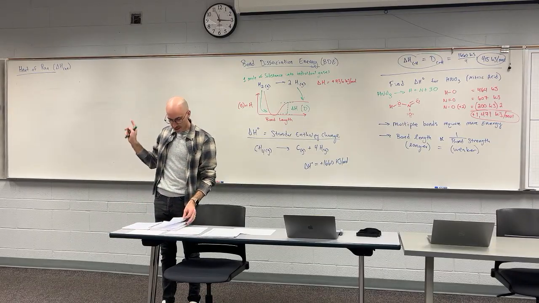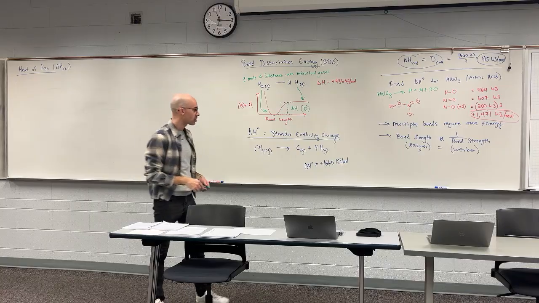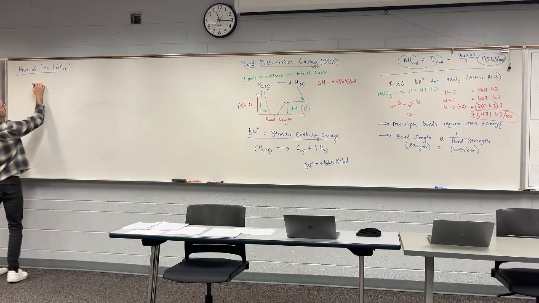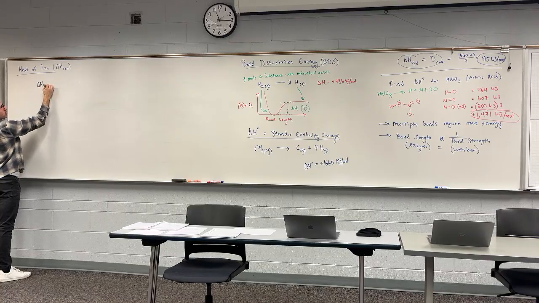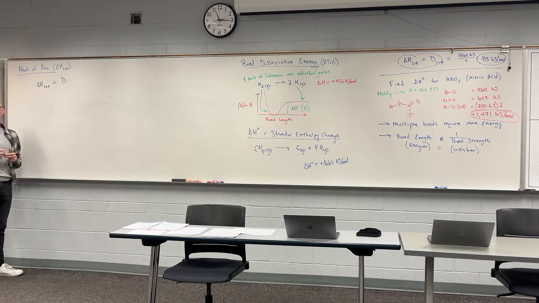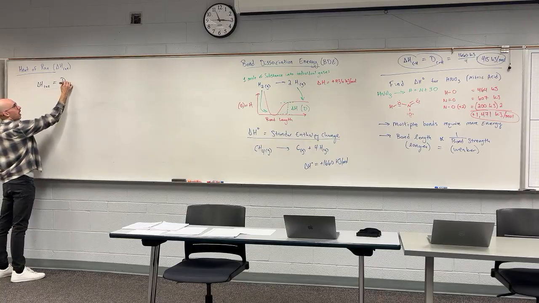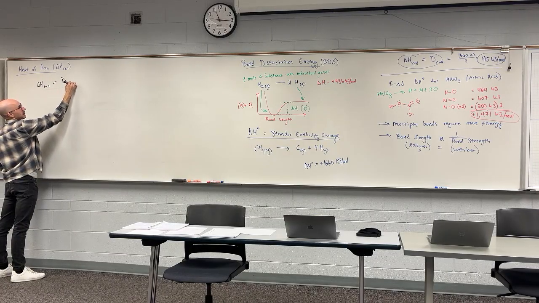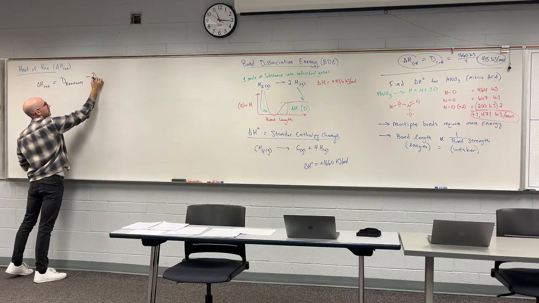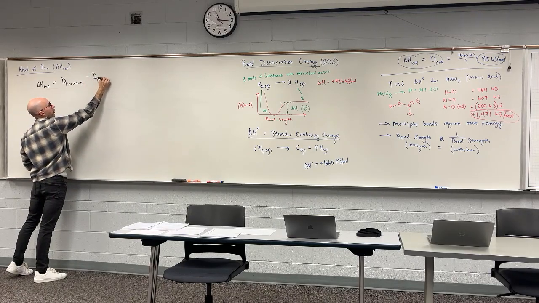So we can calculate delta H of a reaction using this equation. Delta H reaction is equal to the dissociation of the reactants minus the dissociation of the products.